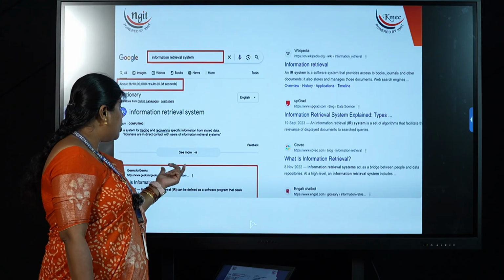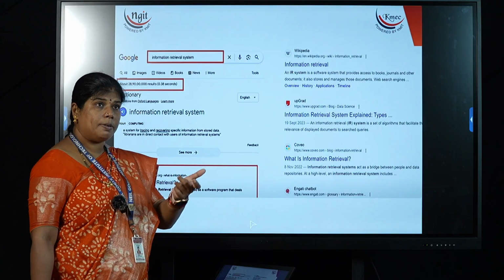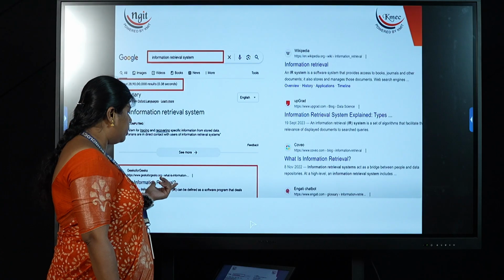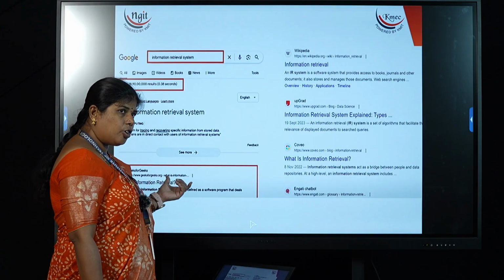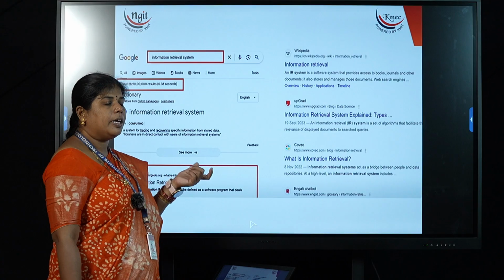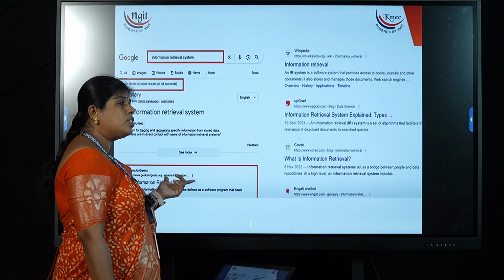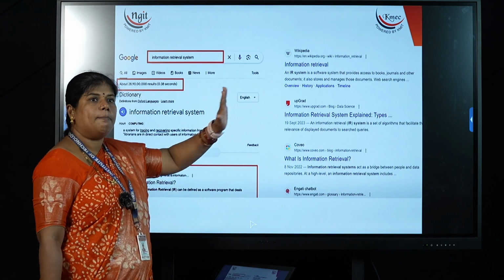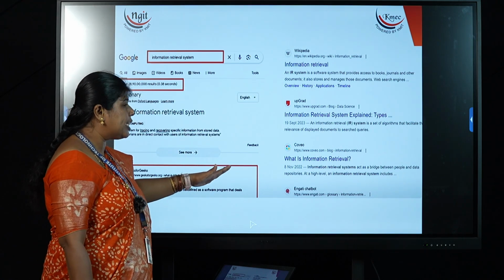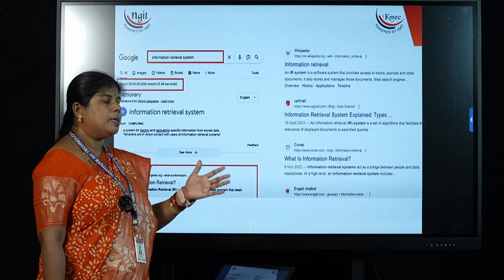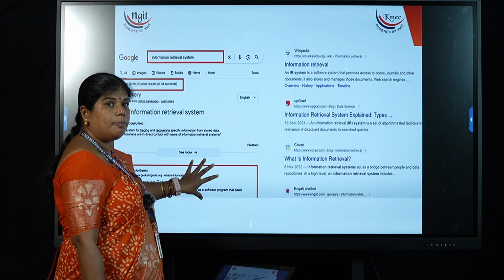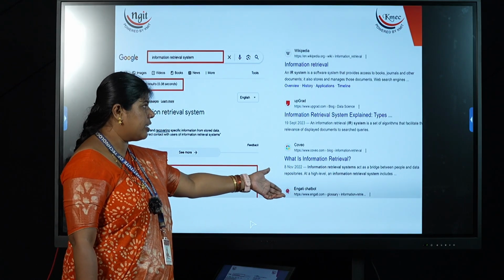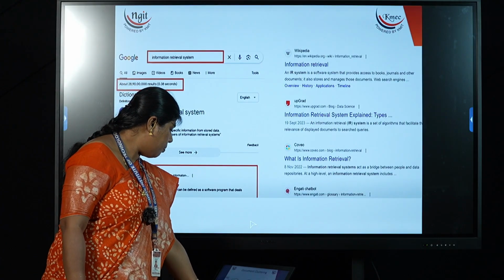But what do you mean by the first document and what do you mean by the last document? In which order are the documents retrieved? That you should notice. The first document retrieved by your IRS is the most relevant document, and the next document is less relevant compared to the first document. So the retrieved documents are ranked based on relevance. The first document has the highest rank, while the last document has the lowest rank. So this is what is called document clustering.